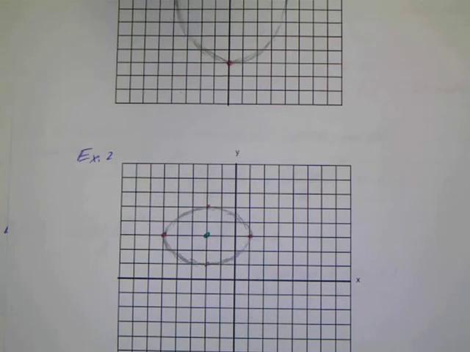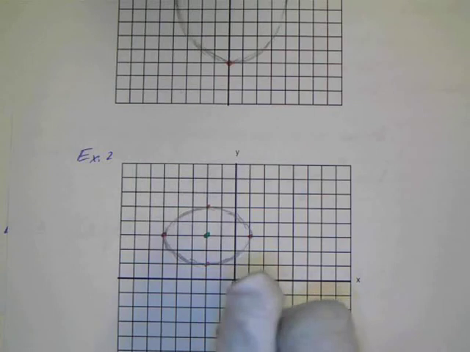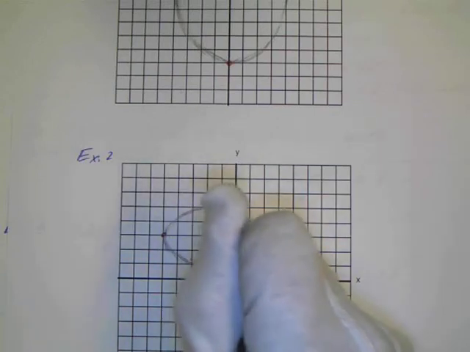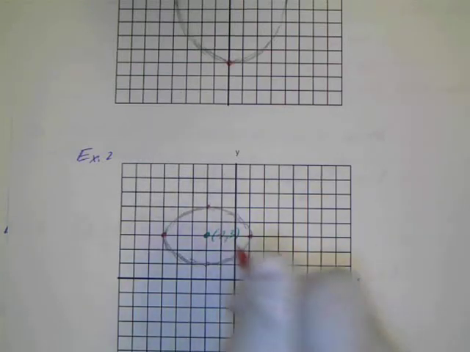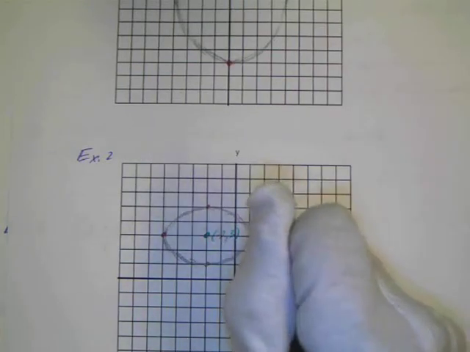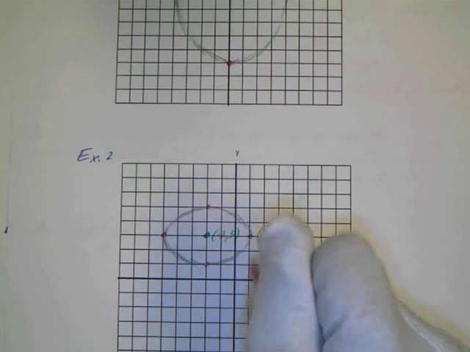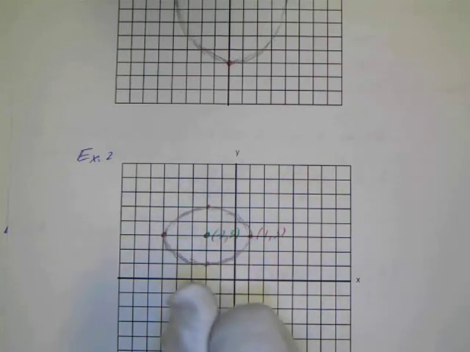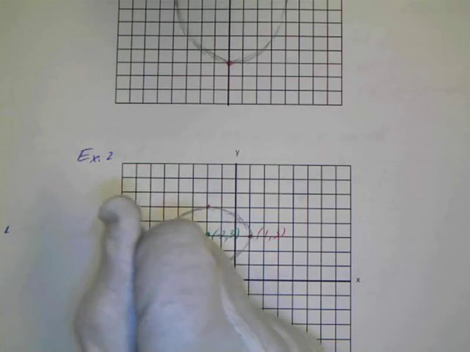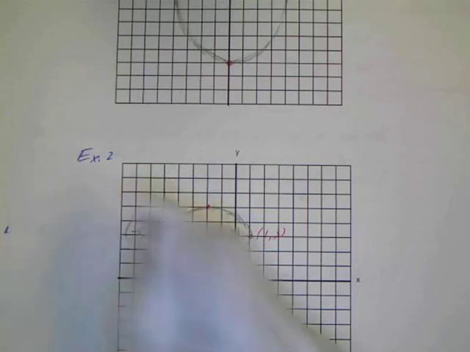Now, you might want to label the center. The center is going to be at negative 2, 3. And then we can also label our vertices. This is going to be the point 1, 3. This is going to be the point negative 5, 3.